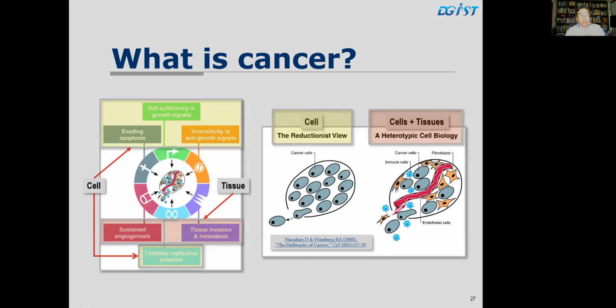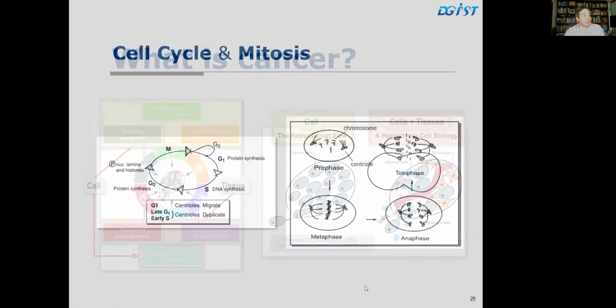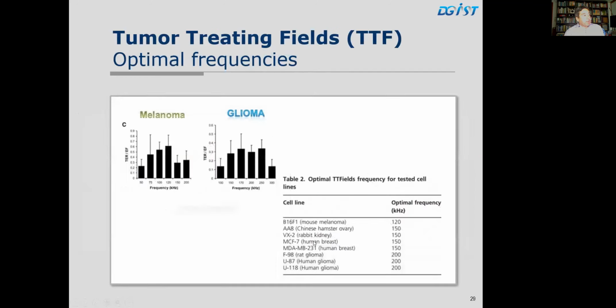We don't know all the mechanisms of this. So this is still a very open area, but the effects are definitely showing some inhibition of the growth of these cancer cells as a result of these tumor treating fields, with some frequency dependence.